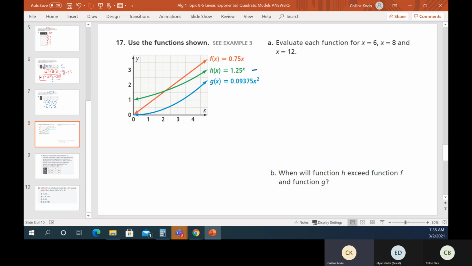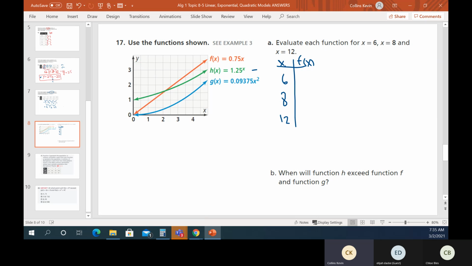All right, so let's do some number crunching here. We're going to have the first column x and f of x. We're just going to plug these numbers in. So we're going to have 6, 8, and 12.